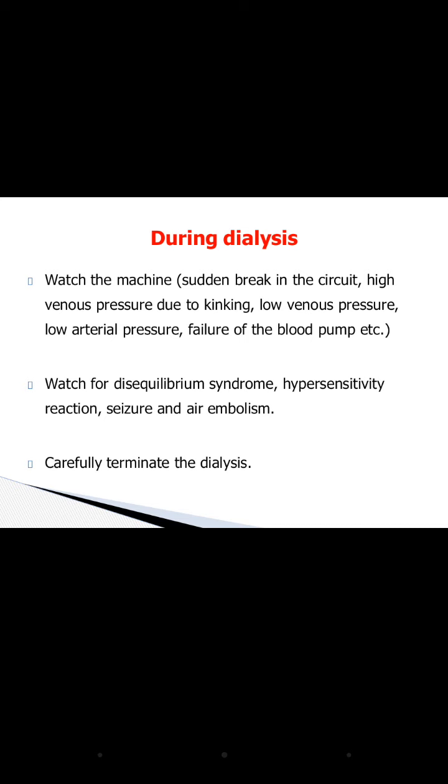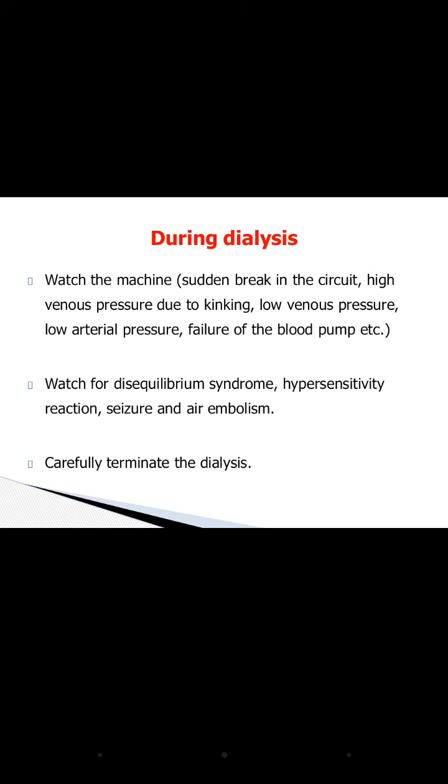Then also watch for the disequilibrium syndrome, hypersensitivity reaction, seizure, air embolism. Basically, in the disequilibrium syndrome, as you all know, the nitrogenous wastes like urea can pass through the blood-brain barrier. So the rate at which these nitrogenous wastes are removed from the blood is very high in comparison to the brain level.